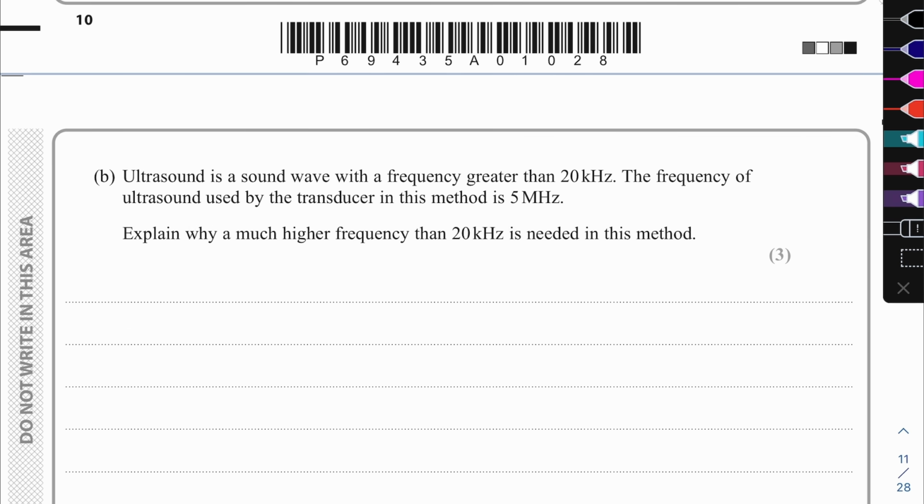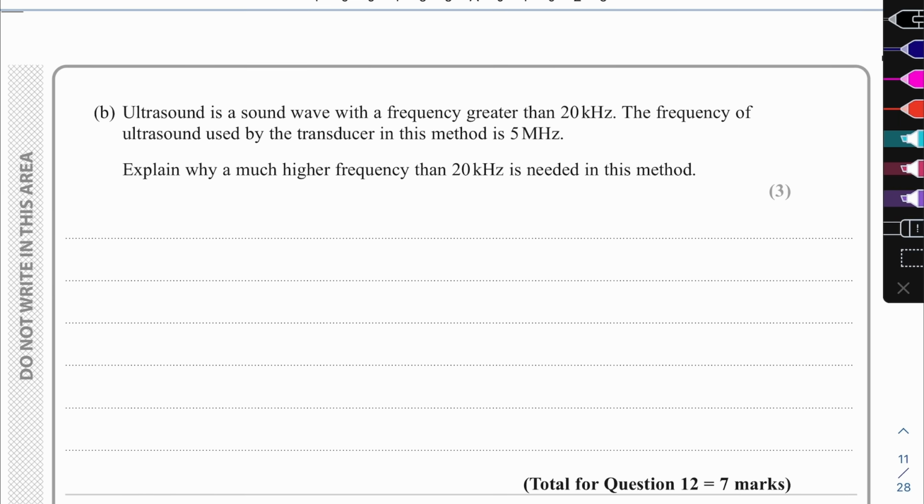Ultrasound is a sound wave with a frequency greater than 20 kilohertz. The frequency of ultrasound used by the transducer is 5 megahertz. Explain why a much higher frequency than 20 kilohertz is needed in this method. So first, let's talk about the differences between the 20K and the 5 megahertz.